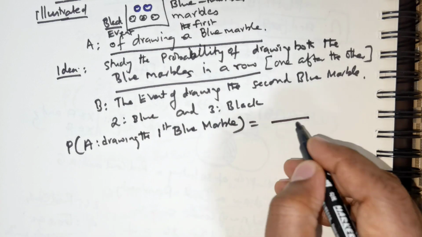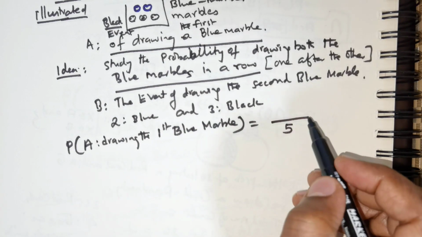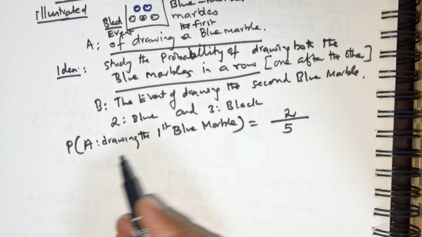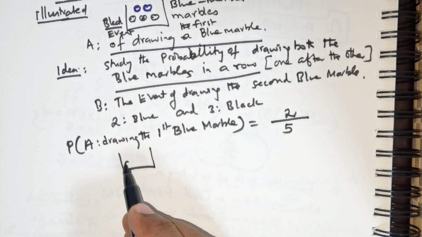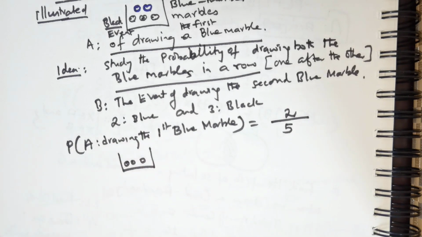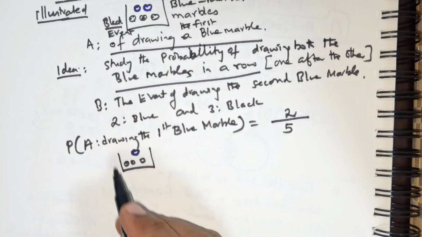What is the exhaustive case? Totally you got 5. What is the favorable case? You got 2. Now the box has got 3 black marbles and 1 blue marble. This is the updated scenario.